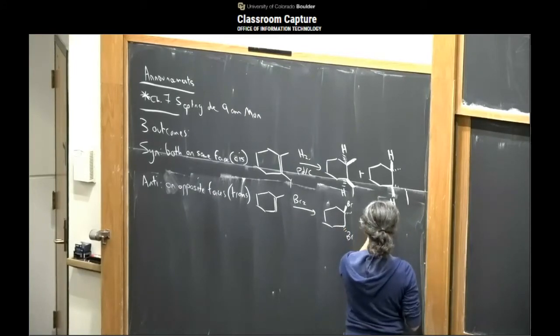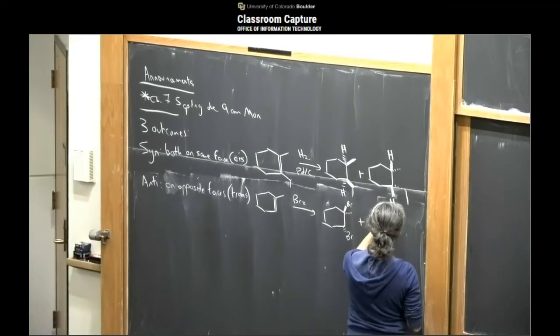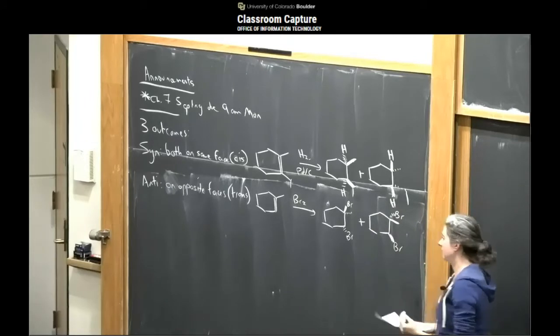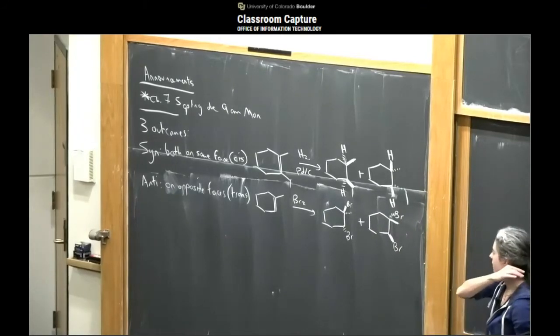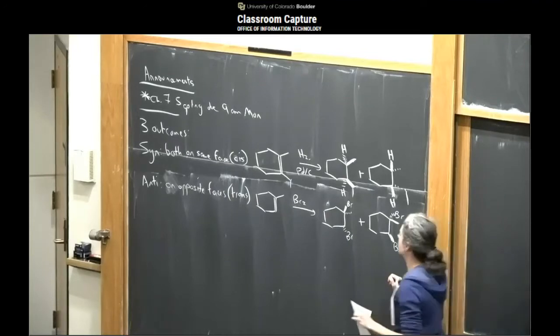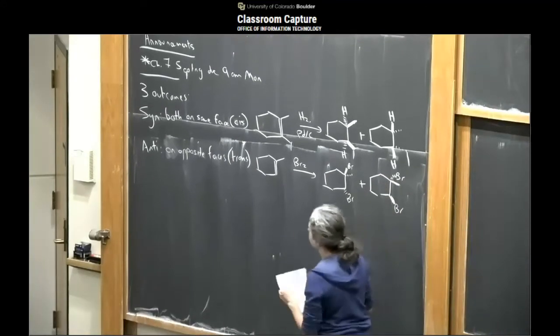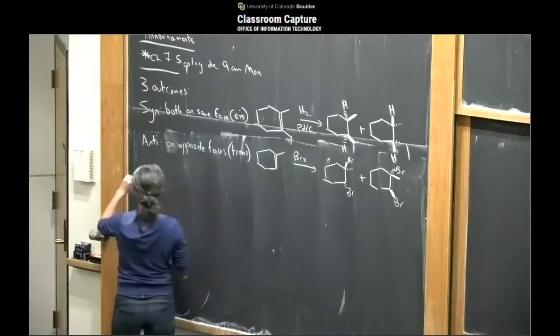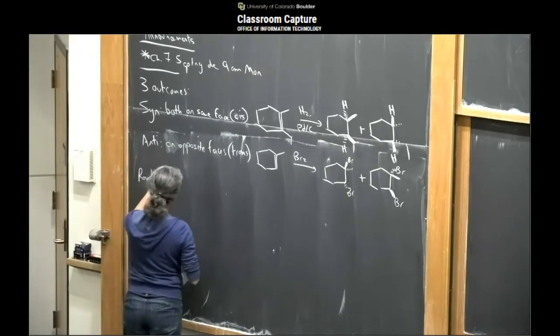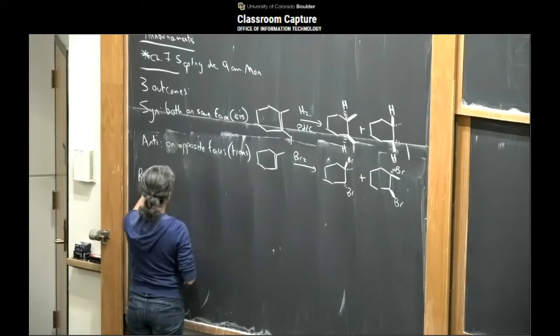Or dashed bromine here, bold bromine there, and then again the methyl takes whatever position is not taken on that carbon. Okay. And then the third possibility is random stereochemistry, which is going to be a mixture of both.